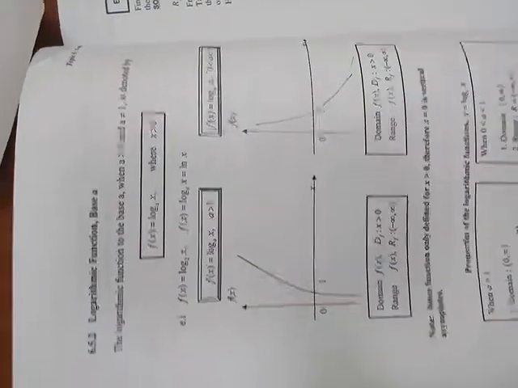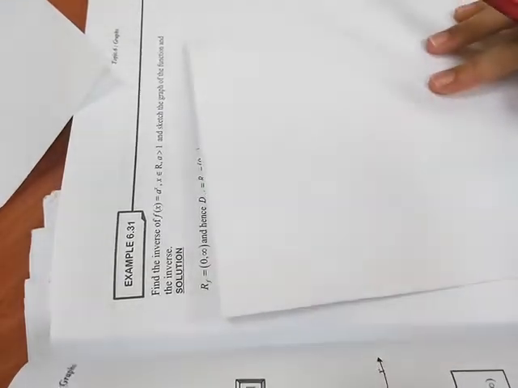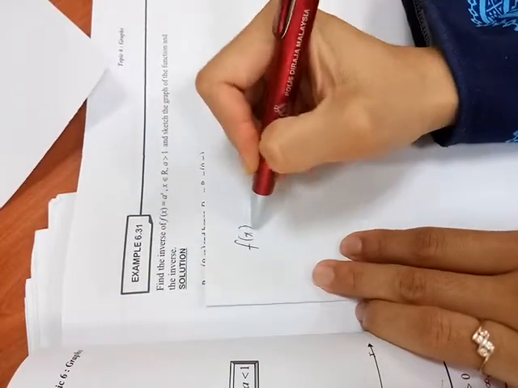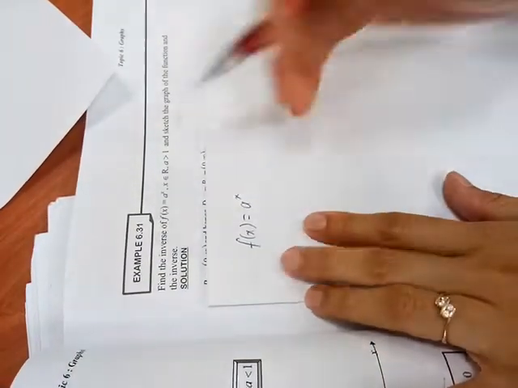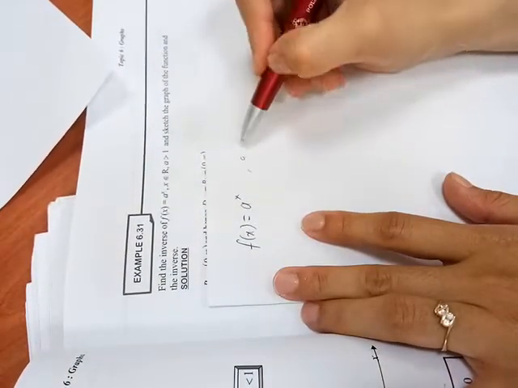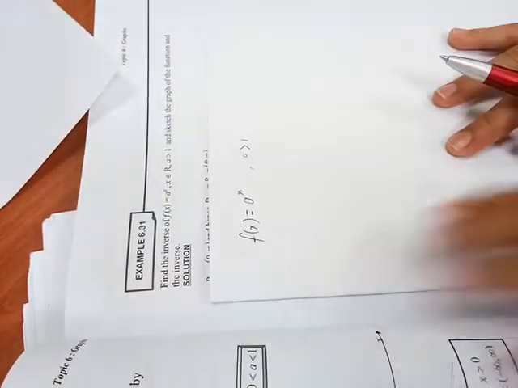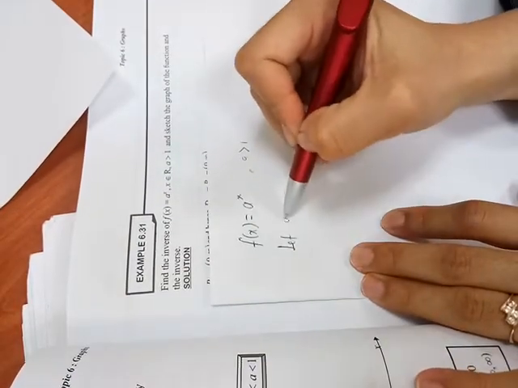Okay, so let's look at the example. Example 6.31. We need to find the inverse first for f(x) equals a to the power of x, where a is more than 1. In order to get the inverse for f(x), normally we let the function become y.